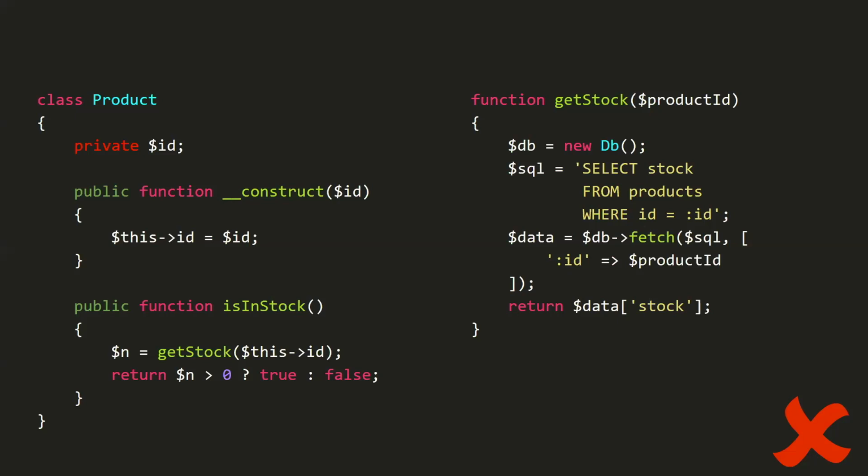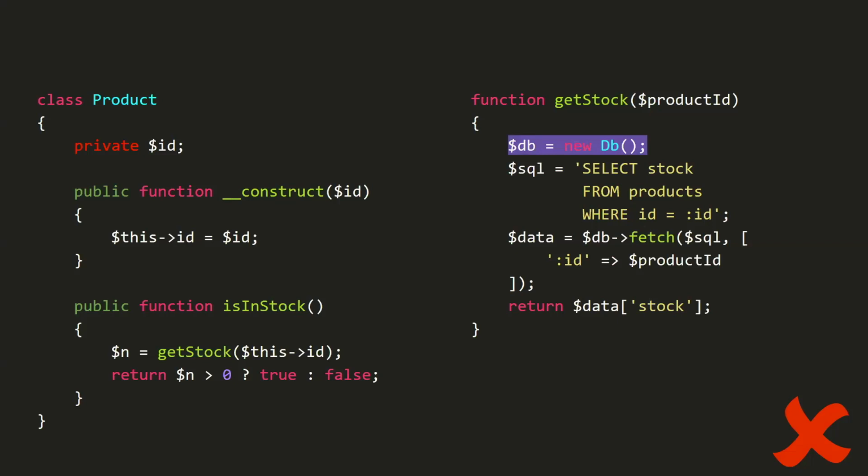In order to check the stock for the product, the isInStock method needs to collaborate with this global procedural function, getStock. However, although PhpSpec will have no problem with calls to PHP's native functions and other raw functions that just manipulate a string, in this case, the getStock function is instantiating a database object and making a call on its fetch method.